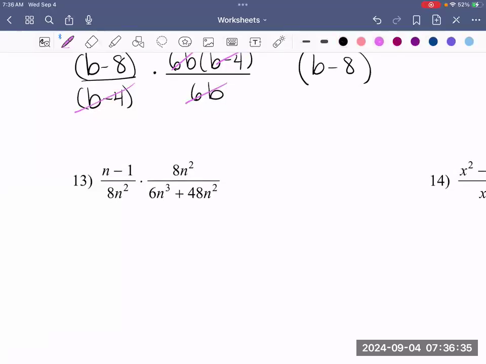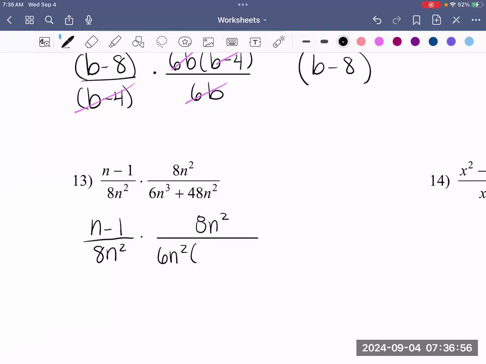All right, if you wanted to, you can go ahead and cancel these ones out. Otherwise, we can still factor first, which is good habits. I'm going to show just factoring everything. Let's see, 8n squared. Now down below, you have a 6 in common and 2 n's.